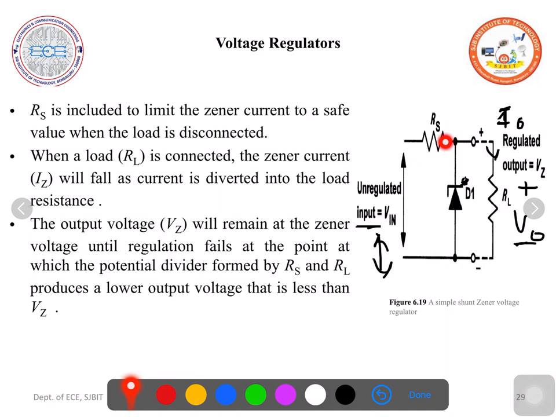When a load is connected, the Zener current, the current flowing through the Zener diode, will fall, because if you assume this is the current flowing at this junction, it splits into Iz plus I naught. So Is is equal to Iz plus I naught.